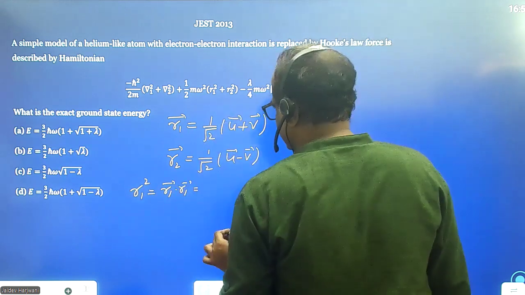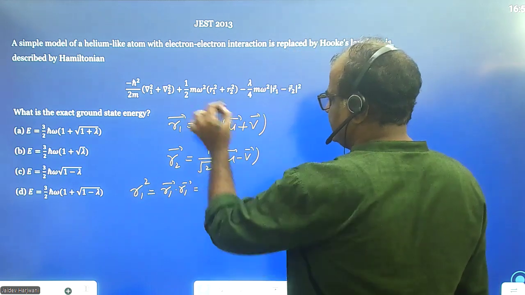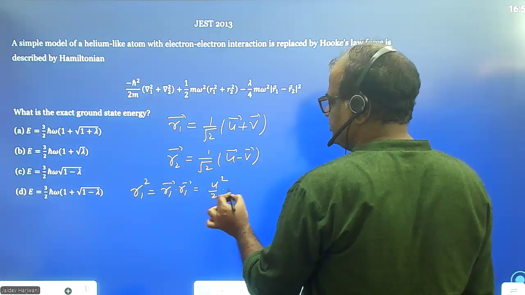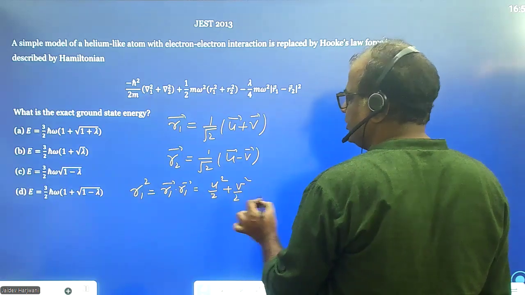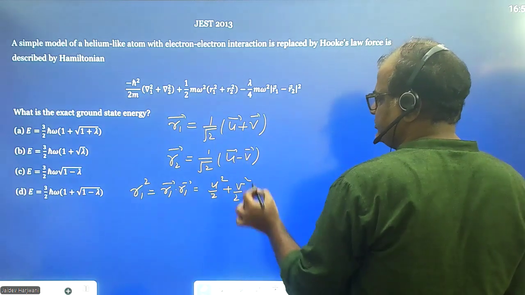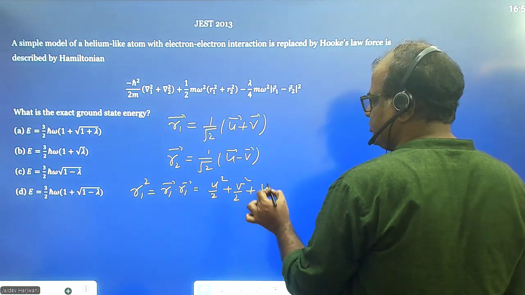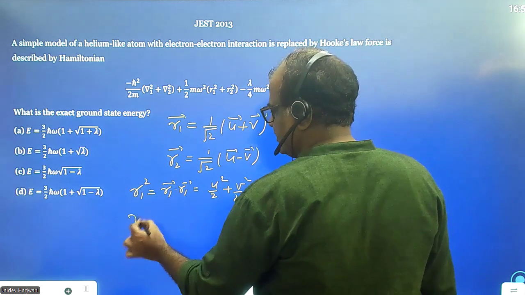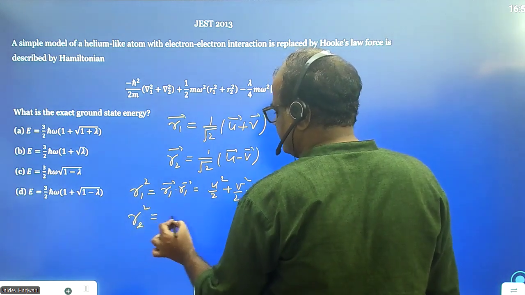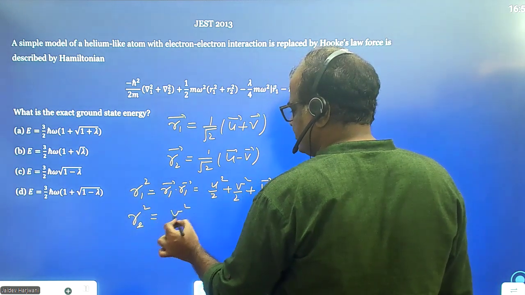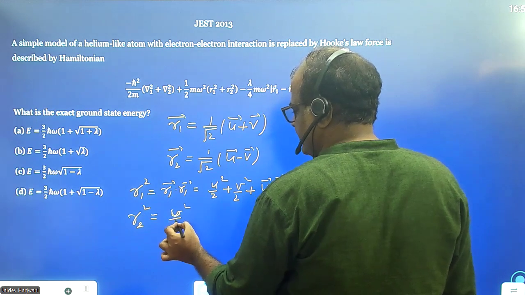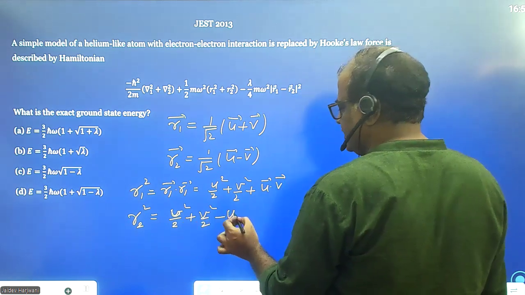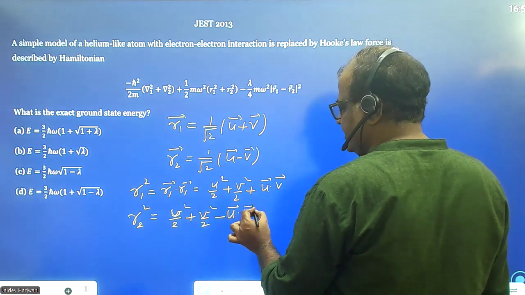If I make it a square, the vector square is the mod square. So this will give me U square by 2, plus V square by 2, plus U dot V. Similarly, R2 square will give me U square by 2 plus V square by 2 minus U dot V.